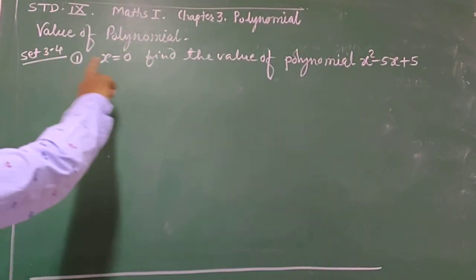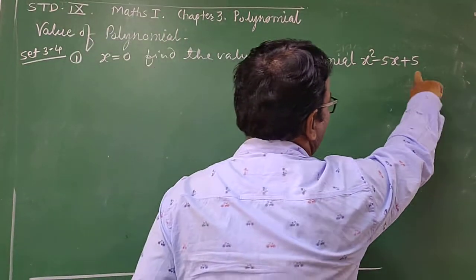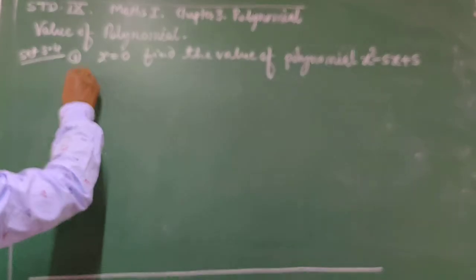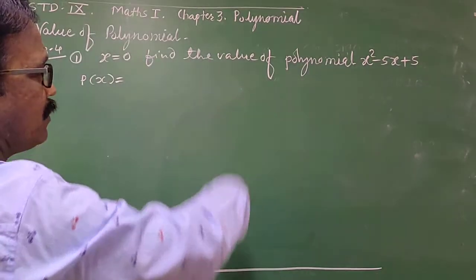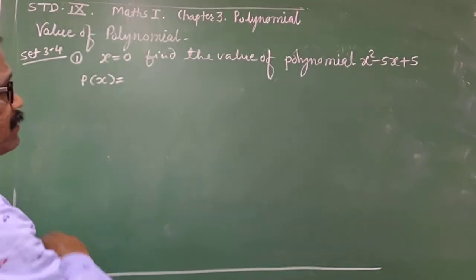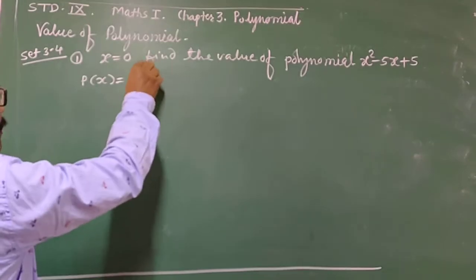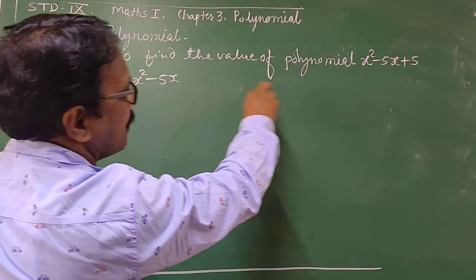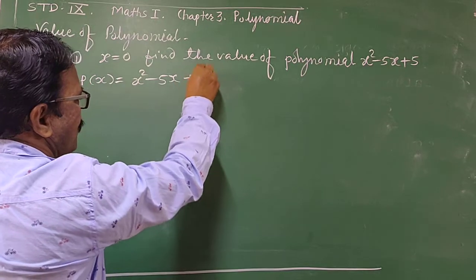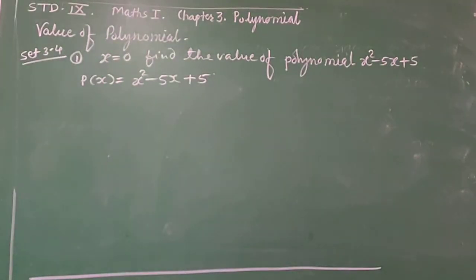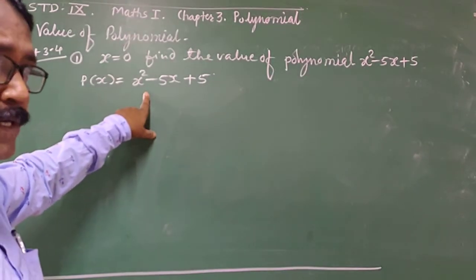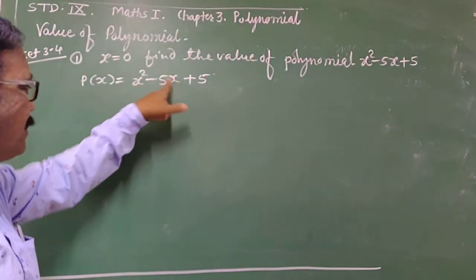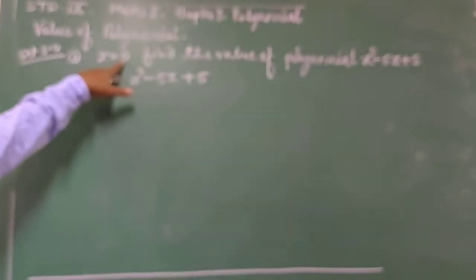So given polynomial, that is p(x), give name to given polynomial, that is p(x) = x square minus 5x plus 5. We have to find value of this polynomial if its variable has a value 0.